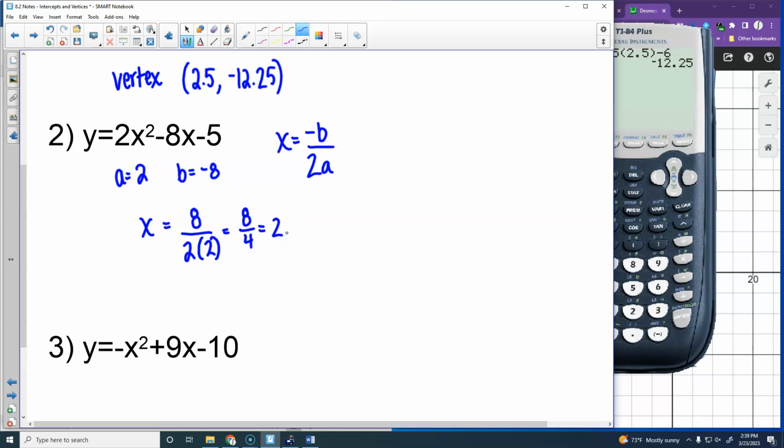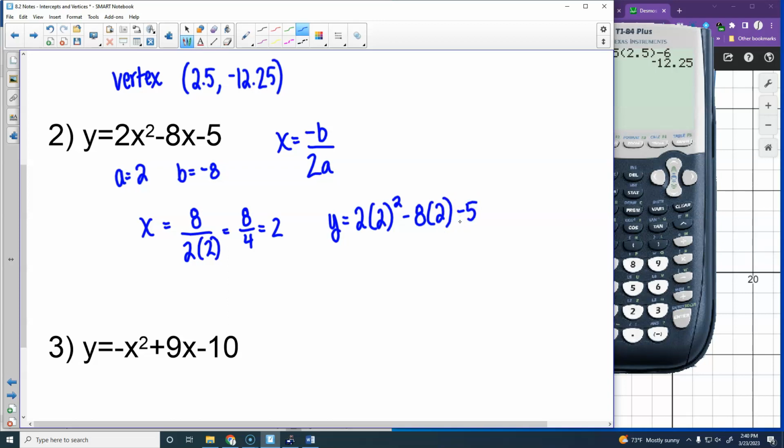I would like for you to try to do these without the calculator unless you're getting decimals, because you may see this on calculator inactive, and I want us to be able to do it without a calculator if it shows up there. So we'll have 2 times 2 squared minus 8 times 2 minus 5.